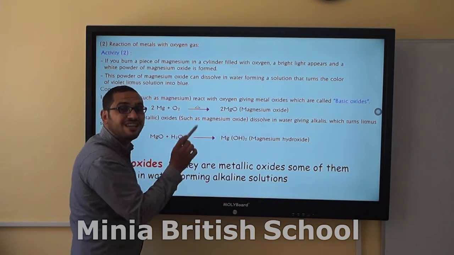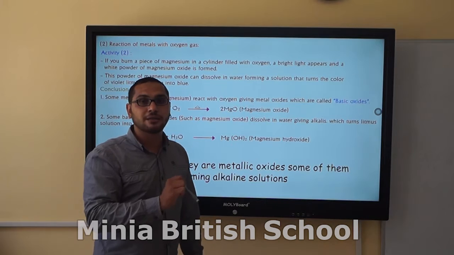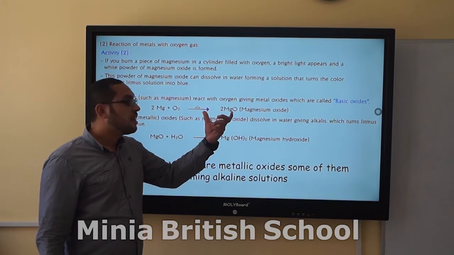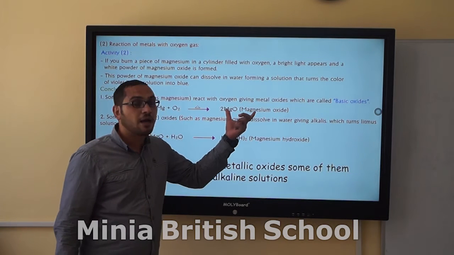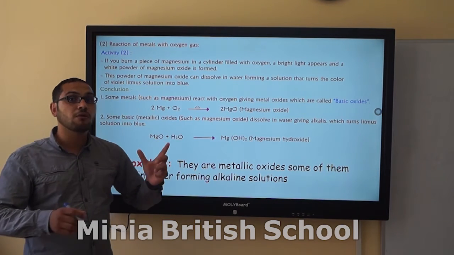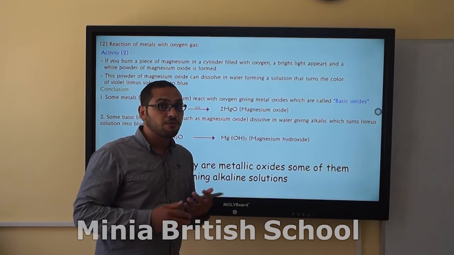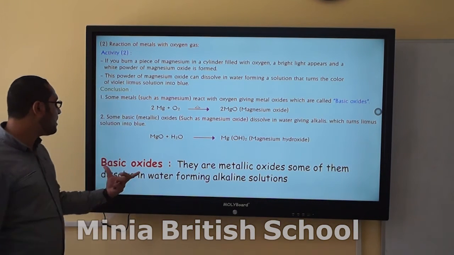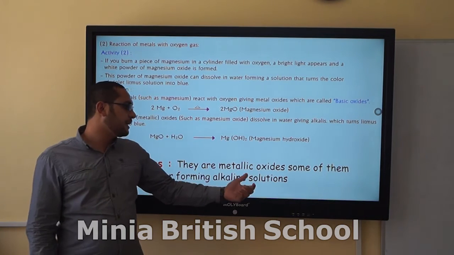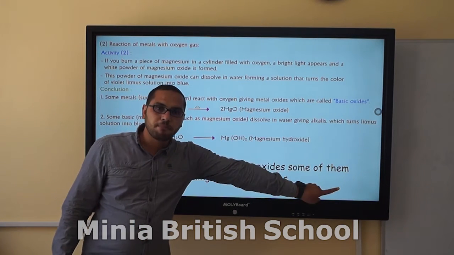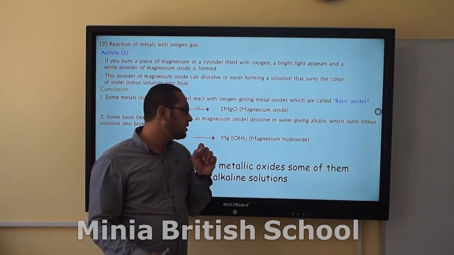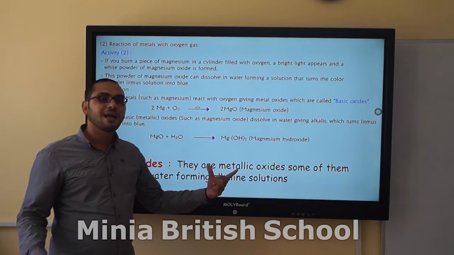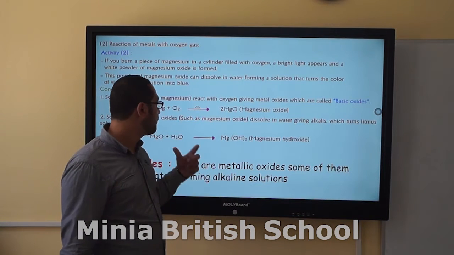The magnesium oxide here is called a basic oxide. So why is it called this name? Because a basic oxide can dissolve in water, forming an alkali solution. So basic oxides are metallic oxides, some of them, not all. Pay attention: some of them dissolve in water, forming alkaline solution.